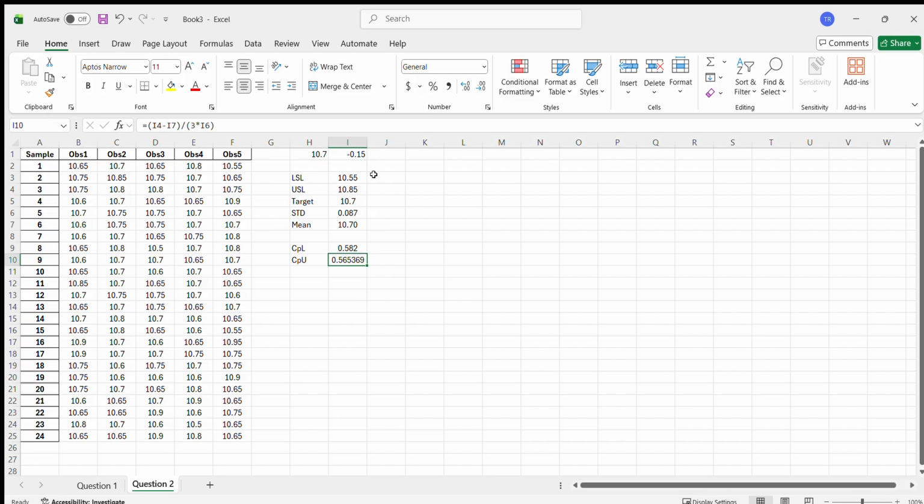Enter. 5.65. All right. So now, in order to get the CPK, all that is is whether the CPU or the CPL is the min value. So for this, it would be the CPU.